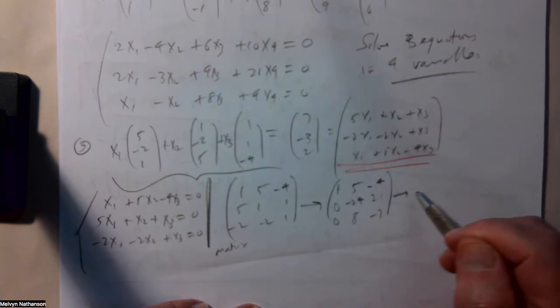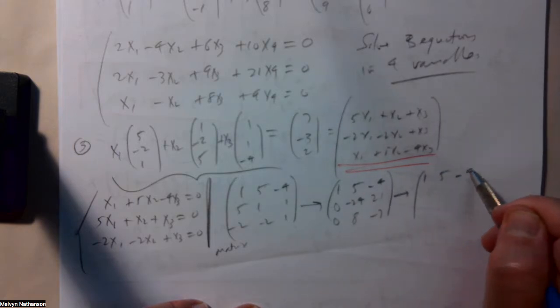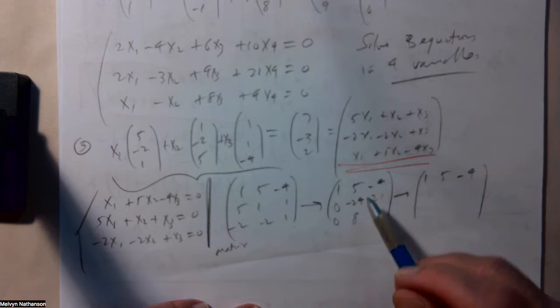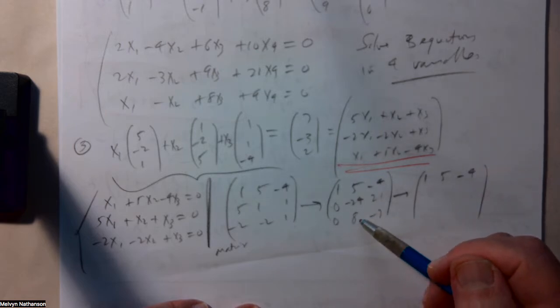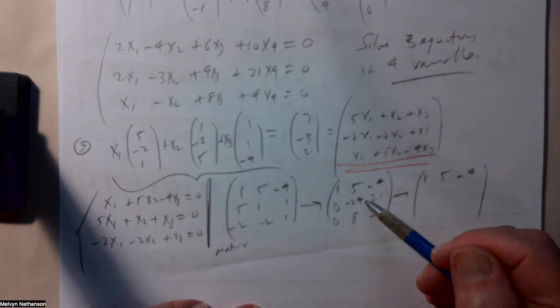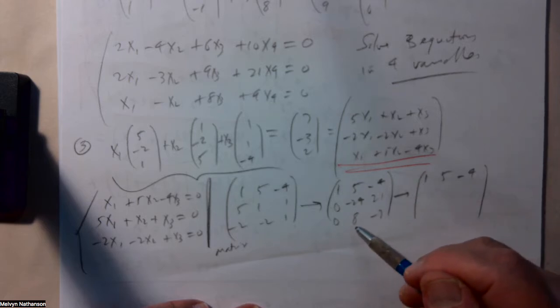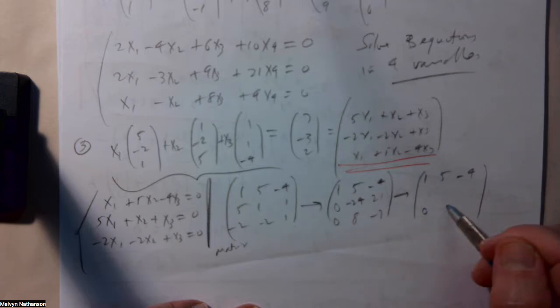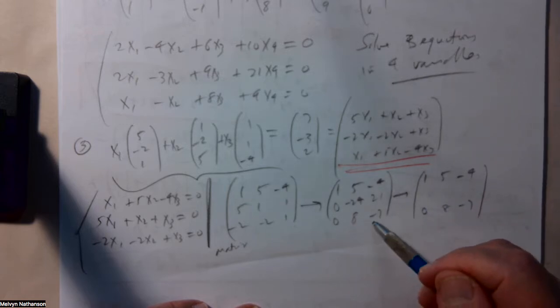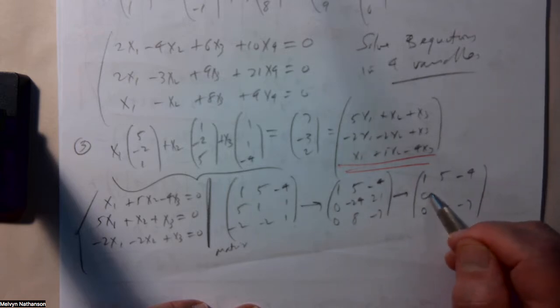I get this matrix. I can notice, actually, to save myself some time, the third row is minus 3 times the second row. So if I add 3 times the third row to the second row, I get 0, 0, 0.